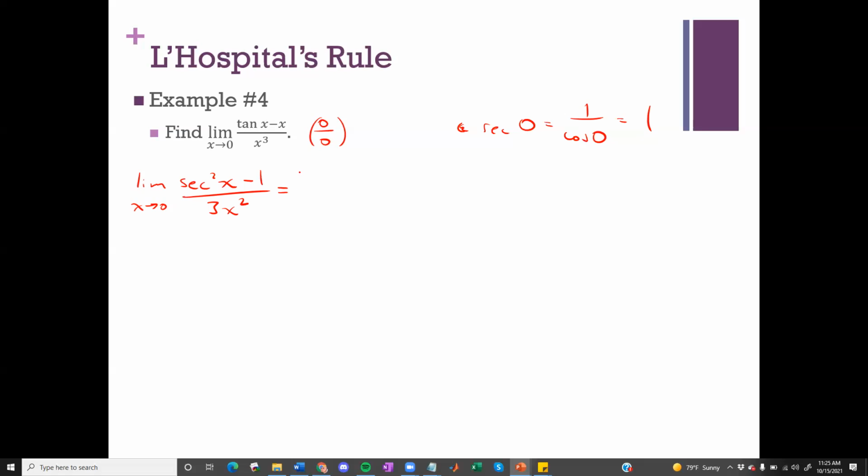One thing I might suggest is, all of us, myself included, I think we're a lot more comfortable with looking at cosines as opposed to secants. So I might try to re-express this. So if I find a common denominator and try to get rid of all these complex fractions, I'm going to get 1 minus cosine squared of x over 3x squared cosine squared of x.